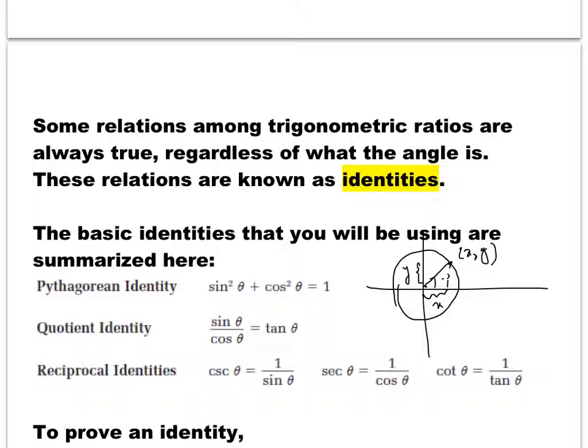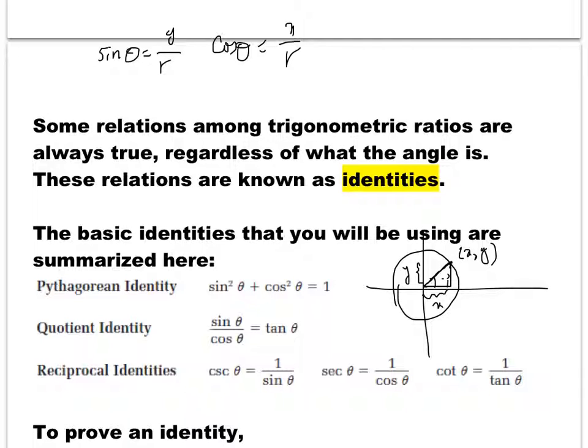So I can write that sine of theta is equal to y over r, and the cos of theta is x over r. Now, if you look at this triangle, this is a right triangle, so I can write the Pythagorean theorem here. I can write that x squared plus y squared is equal to r squared.